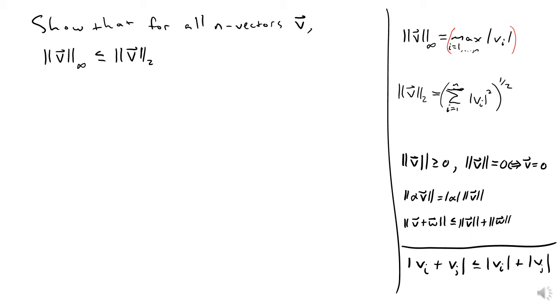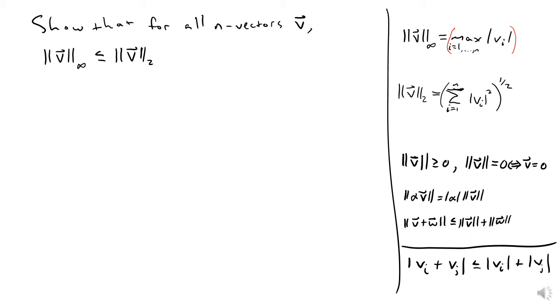Knowing that the infinity norm is always less than or equal to the 2 norm can be helpful to keep in mind in particular situations. Suppose, for example, the 2 norm of some vector is small. Then you know by default that the infinity norm will also be small, because the infinity norm is less than or equal to the 2 norm. Just understanding these relationships can be helpful in certain applications.